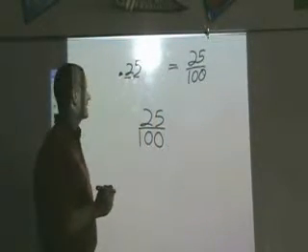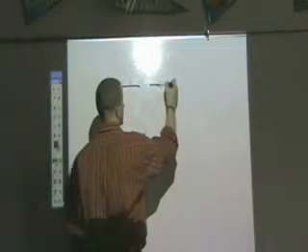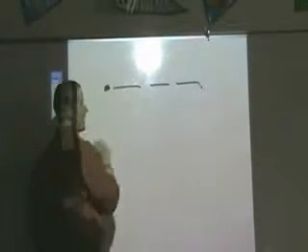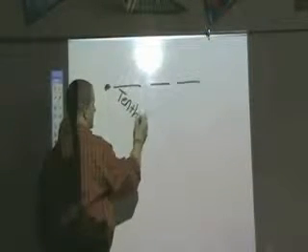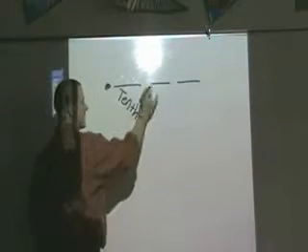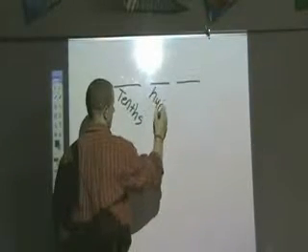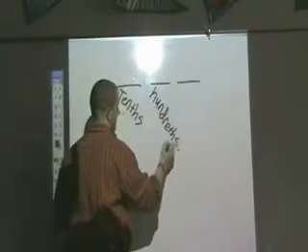Okay? And at this point, I take the opportunity to refresh my kids on place value. We have a decimal, 1, 2, 3. The first place after the decimal is called the tenths. The second place value after the decimal is called the hundredths.